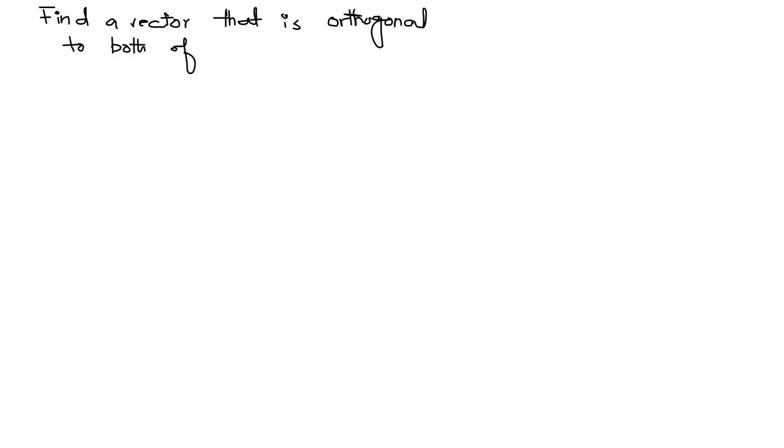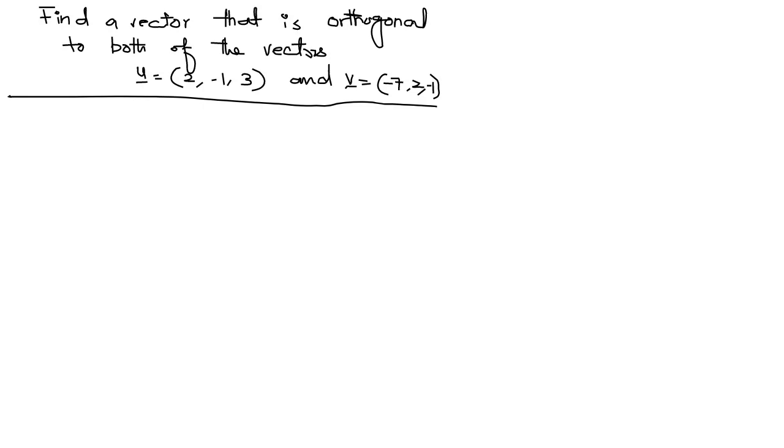For example, find a vector that is orthogonal to both of the vectors U equal to (2, -1, 3) and V equal to (-7, 2, -1).